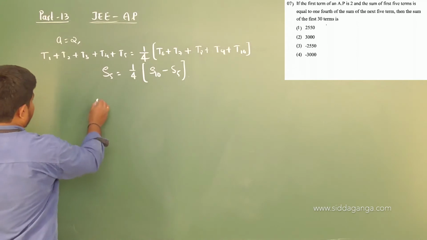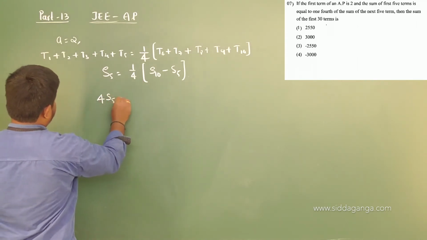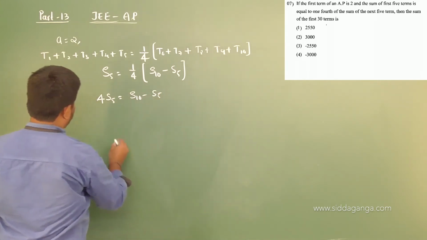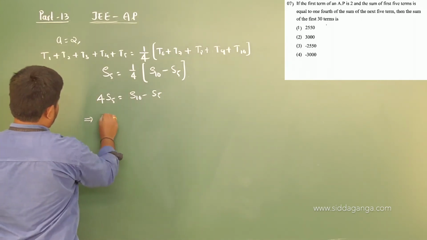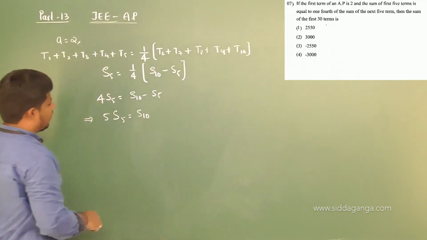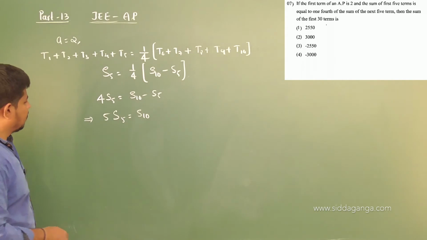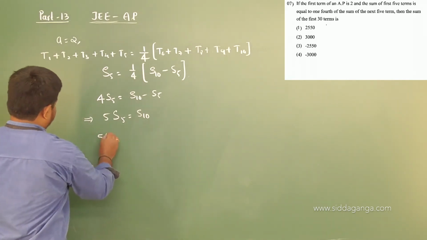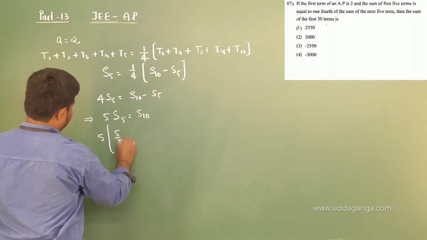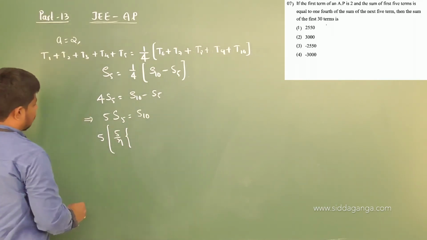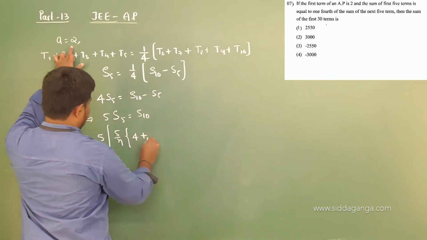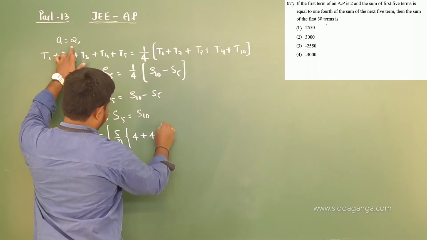Let me simplify this. 4 into S5 is equal to S10 minus S5, or this gives 5 times S5 is equal to S10. This is for finding d. 5 times S5, where S5 means the sum of the first 5 terms, is 5 into n by 2 into (2a plus (n minus 1)d), with n as 5, that is 2a plus 4d.